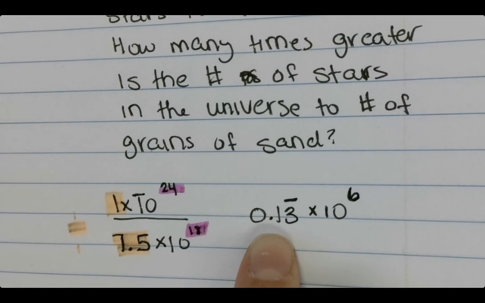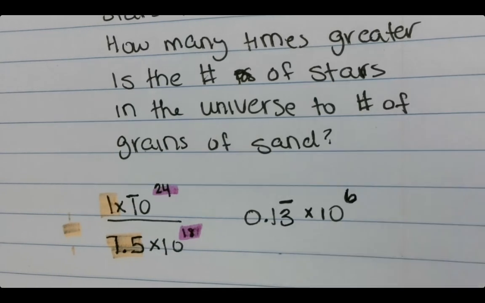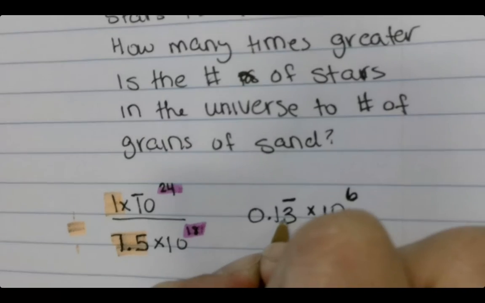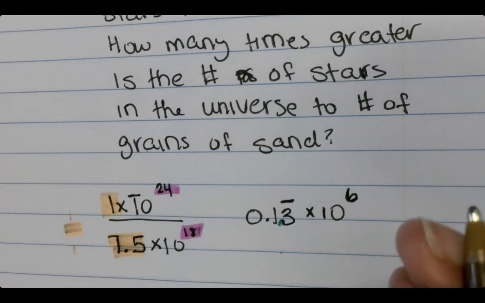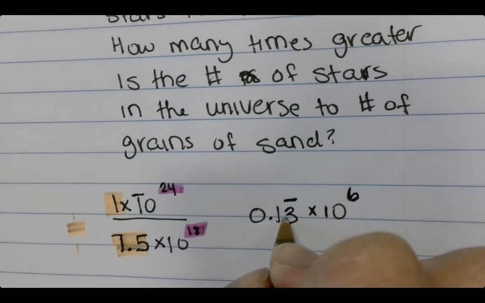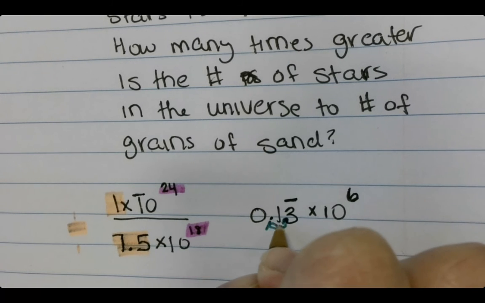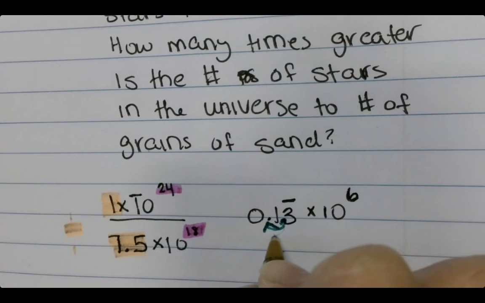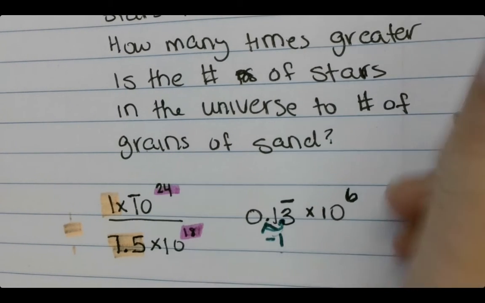This is not in scientific notation. So I put the decimal where I want it to be, from here to where it is now. I need to go left 1, so that's a minus 1.